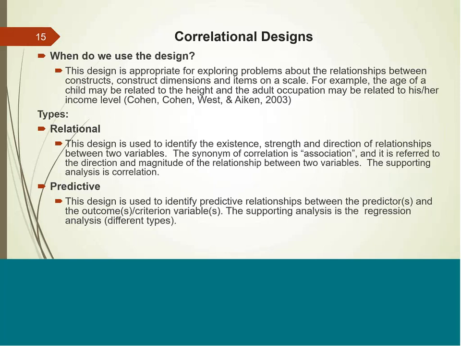So the design is used to identify predictive relationships between the predictors and the outcomes, criterion variables. Sometimes people use the word criterion, sometimes people use outcome, or you can use dependent variable as well. And the supported analysis is the regression analysis. We have different types, as we can see later.